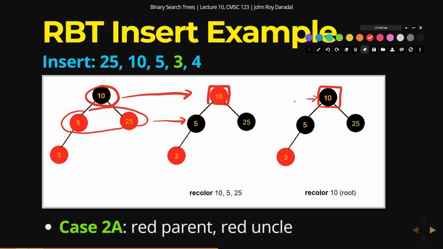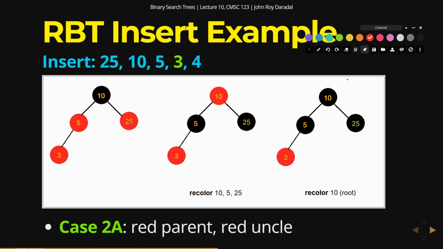It doesn't violate the red property because you just turned it to black, so there's no way you would violate the red property. And for black depth, you add 1 to all root to null paths because you just turned the root to black. So all paths will have +1 depth because of this new black node at the root. All paths get this because it's at the root. So you can just turn it into black if the root is colored red.